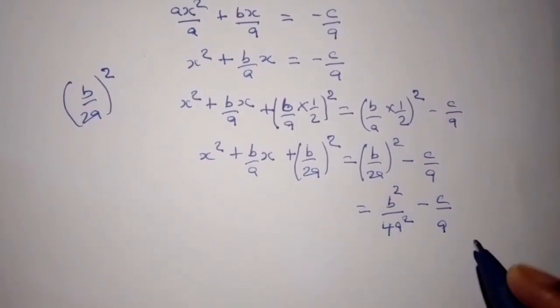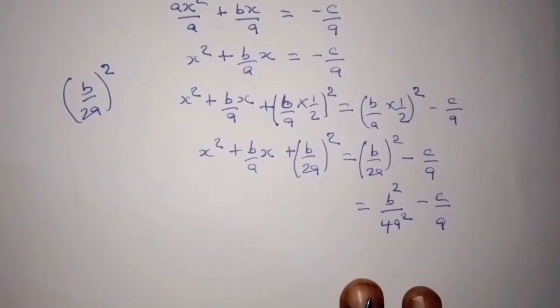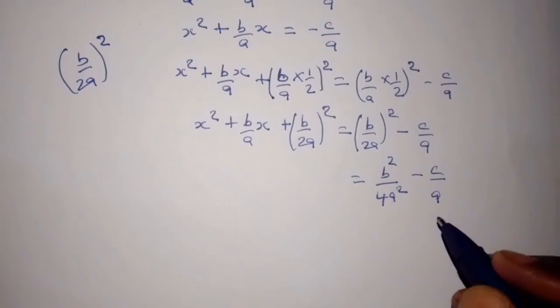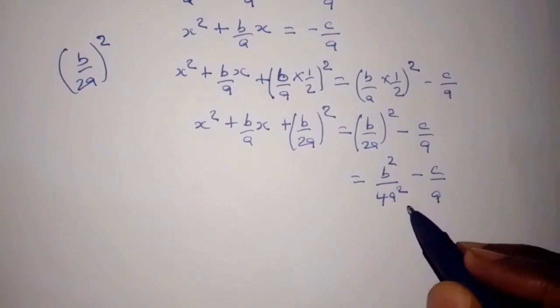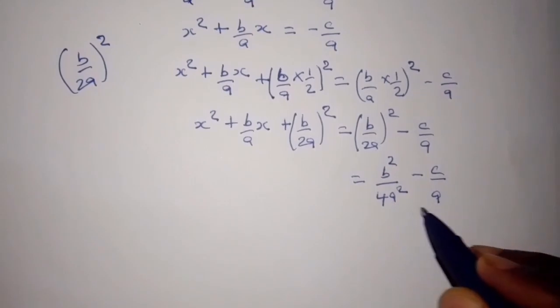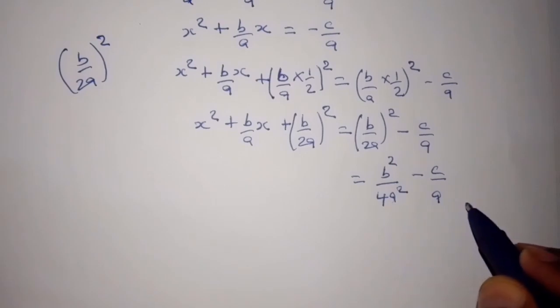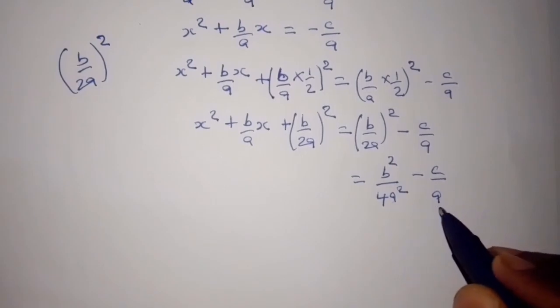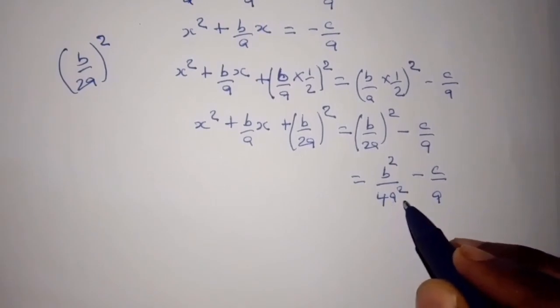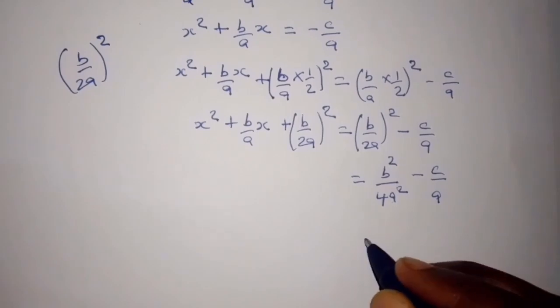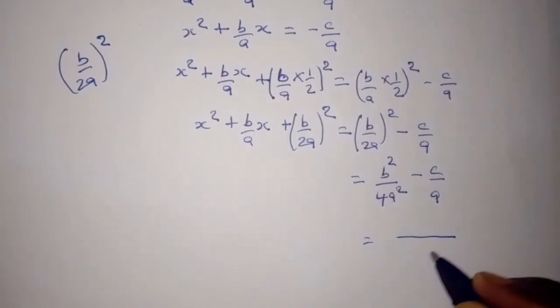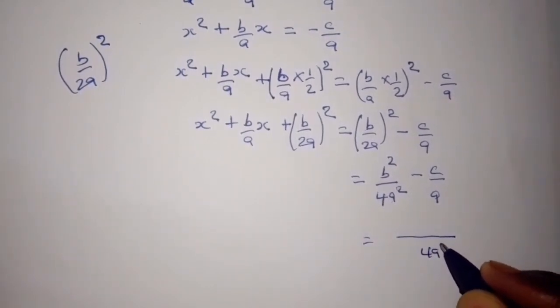And on the right hand side here, we can put this under one denominator by finding the LCM, and the LCM here is 4a squared.